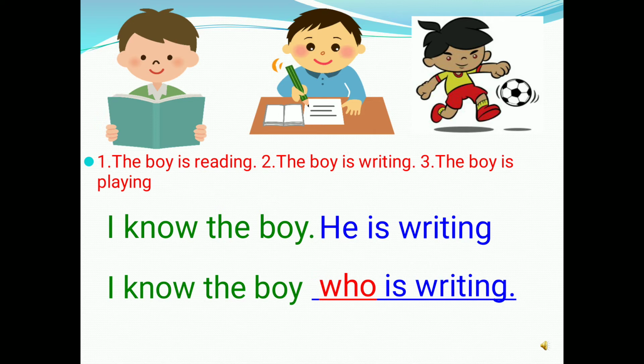Here the word he in the second sentence is replaced by who, and the word who represents the boy. So in this sentence, the underlined sentence is called relative clause, and the word who is called relative pronoun.